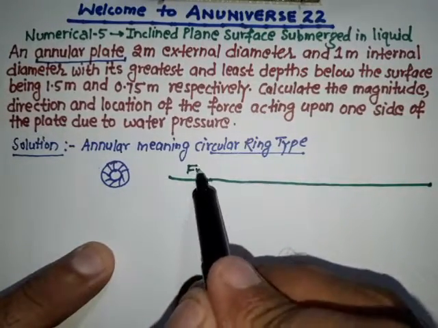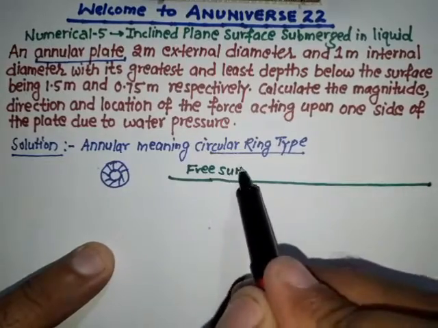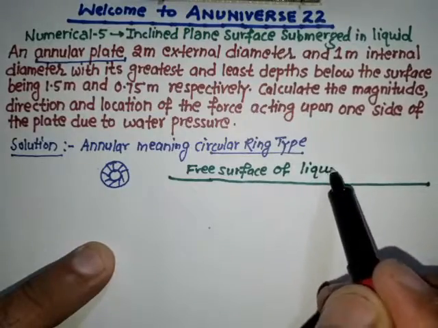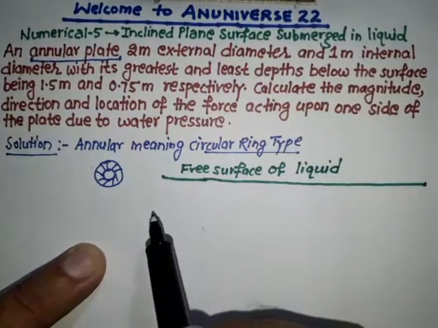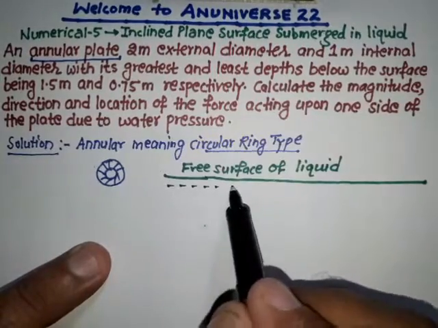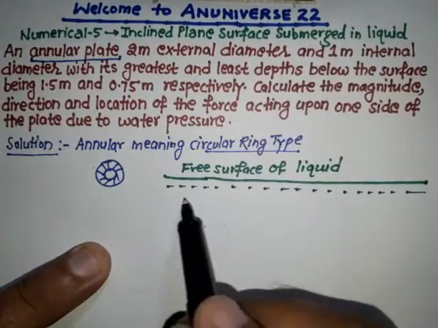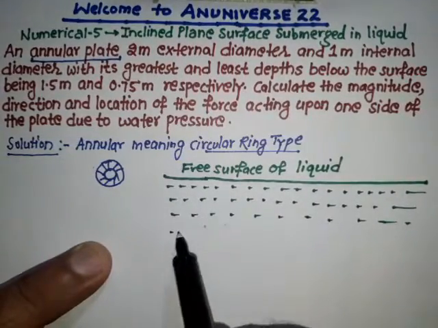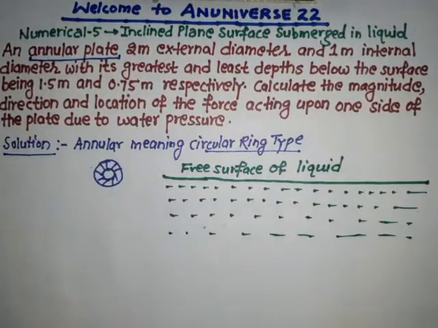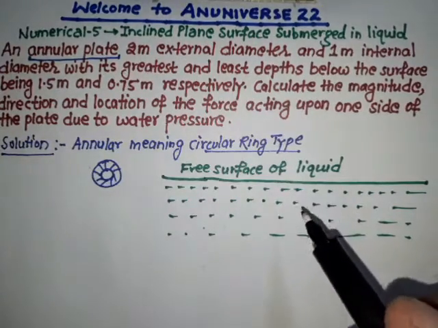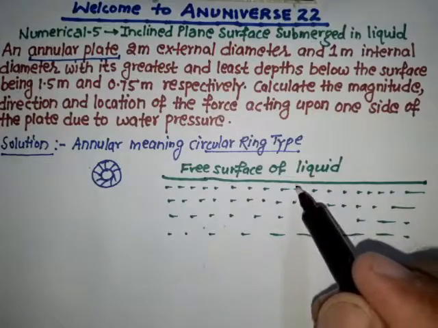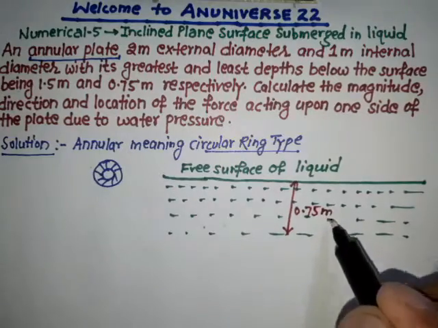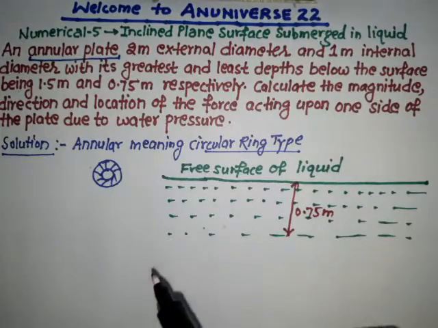This is the free surface of liquid, and this is the liquid in which the annular plate is submerged. Here two depths are given. First is 0.75 meter, this is the least depth.